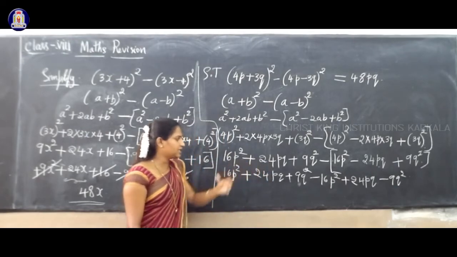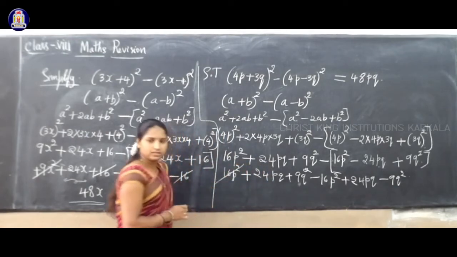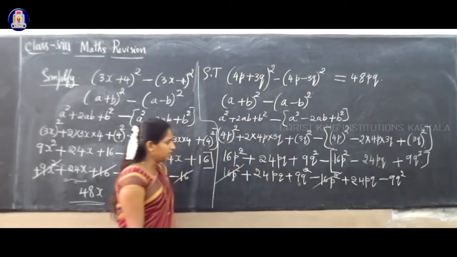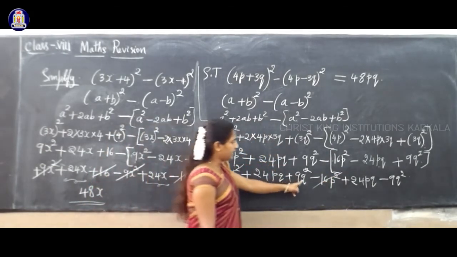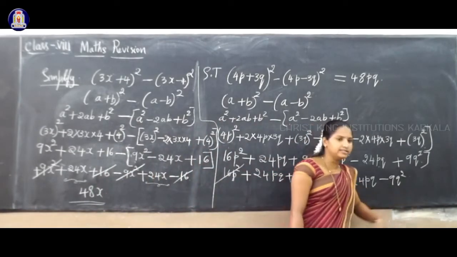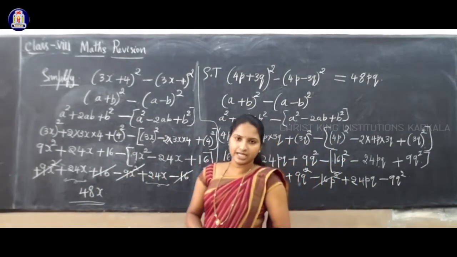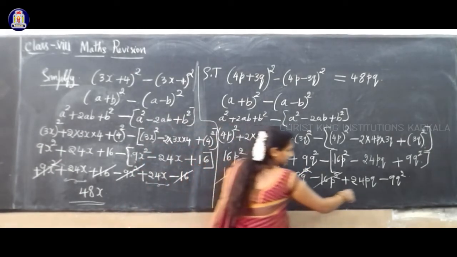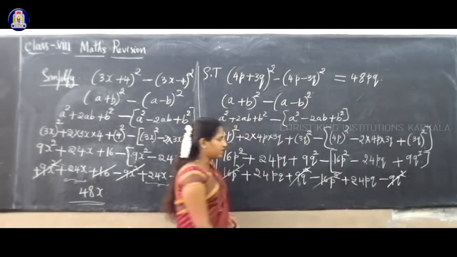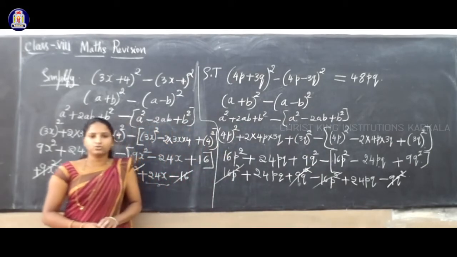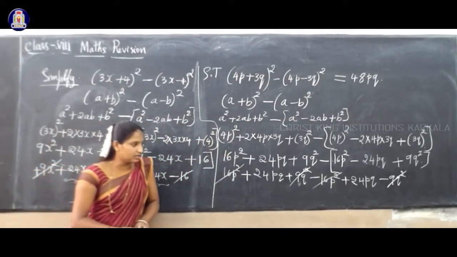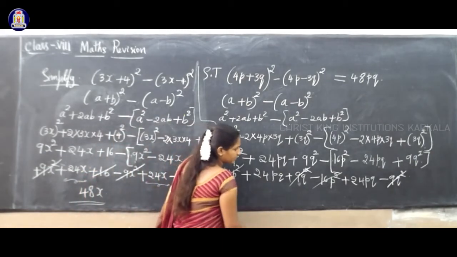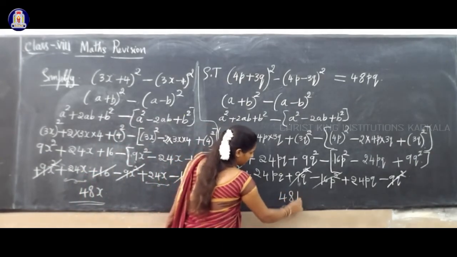Plus 16p square minus 16p square will cancel, and similarly plus 9q square and minus 9q square cancel. So what is remaining? Remaining terms are 24pq plus 24pq. So the answer will be 24 plus 24, that is 48pq.